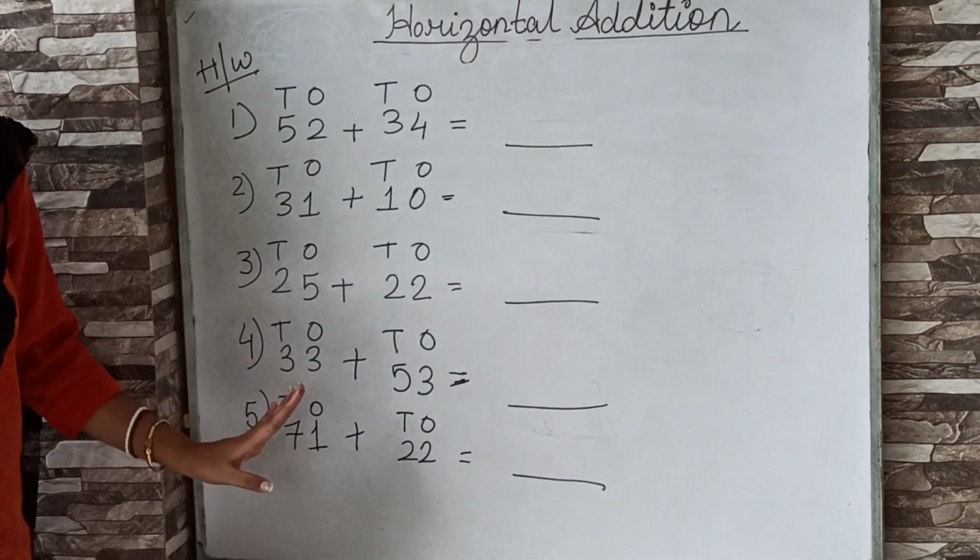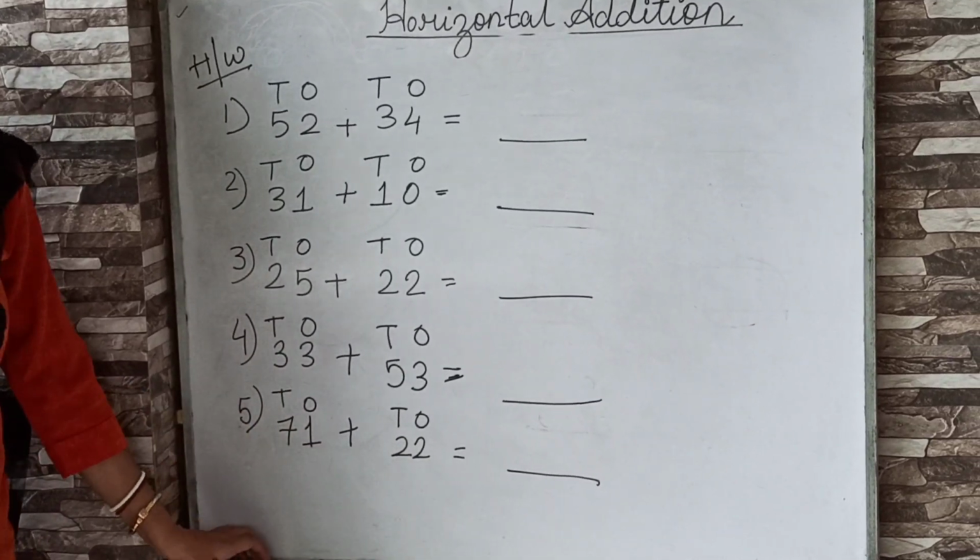Do these sums in the same copy in which you are doing the CW.